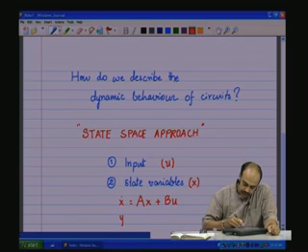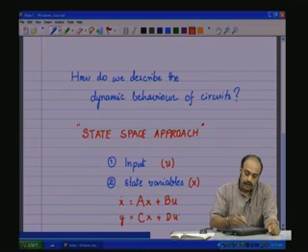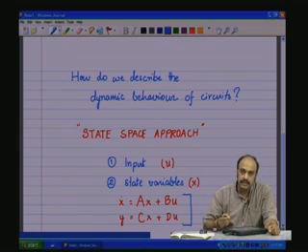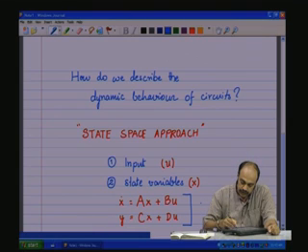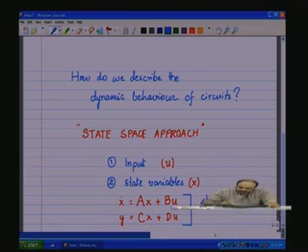And there is one more equation, the output equation, which is written as y equals C x plus D u. This is the standard form of representing all systems in the state space domain, and this is called the state equation.